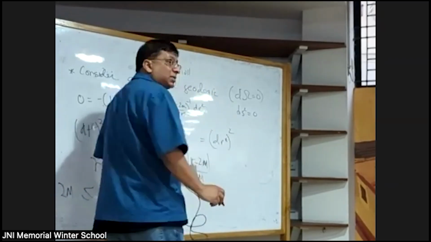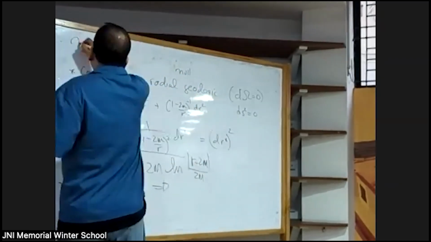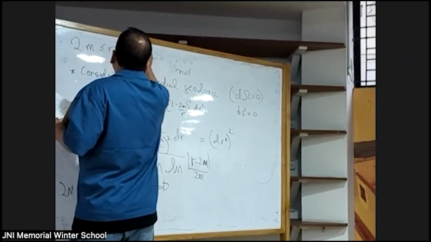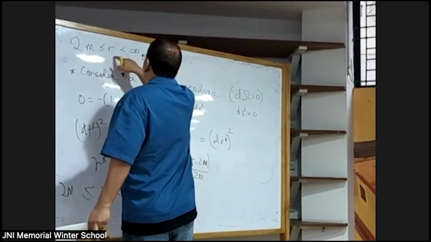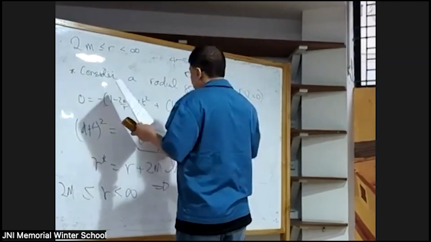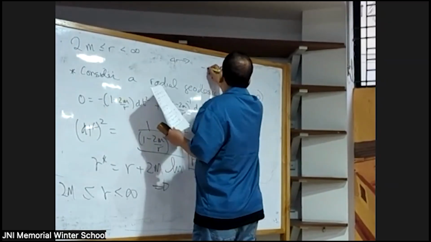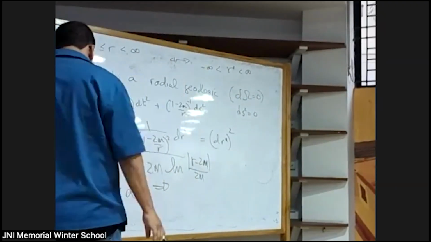Can you see this? So here is 2m. That's the range for r. If that's our range for r, then r star is between infinity and minus infinity. So it's kind of like it stretched out this range.